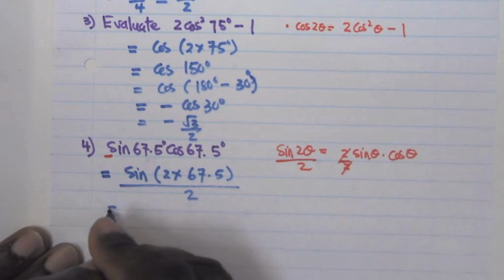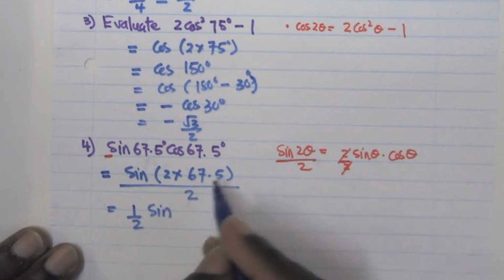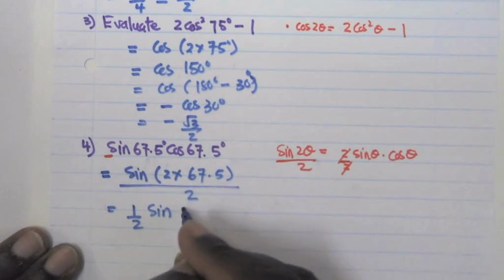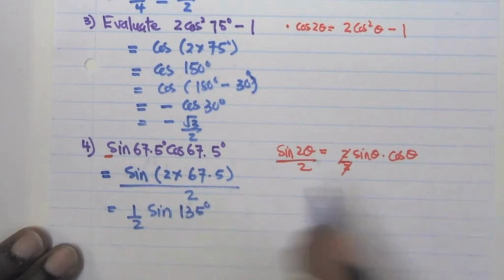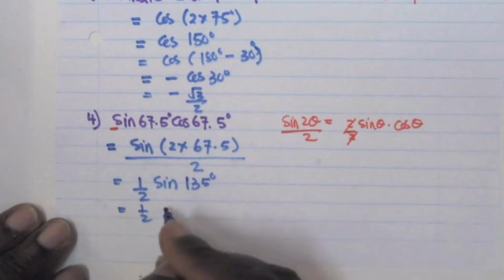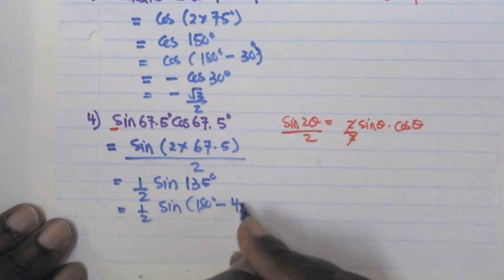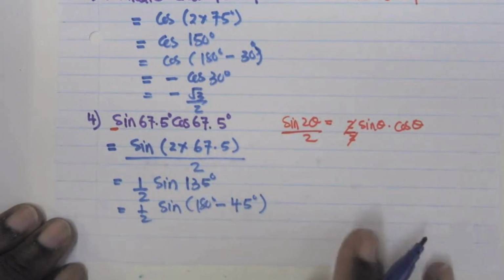And if I do that, I can write this as half sine of, if I multiply here, I'm going to get 135 degrees. And I have to apply my reduction. This is going to be sine of 180 minus 45 degrees.